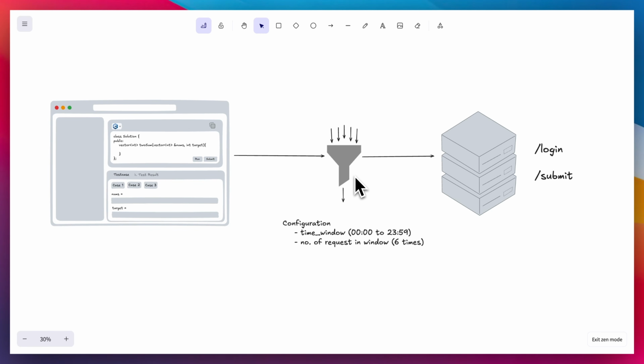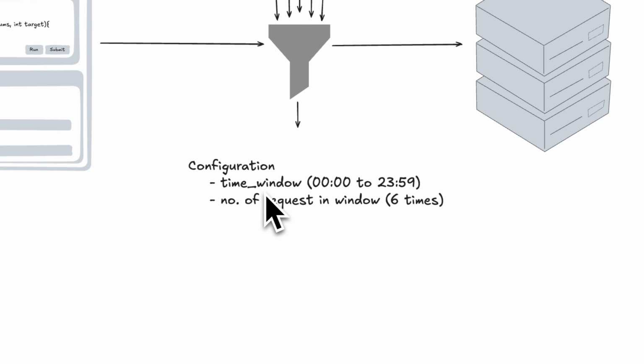All right. One thing that you need to understand about the rate limiter is that it has two main things. The first one is the time window, and the second one is the number of requests which you can make in that time window. Let's assume that Leetcode wants you to only request 6 times in an entire day.